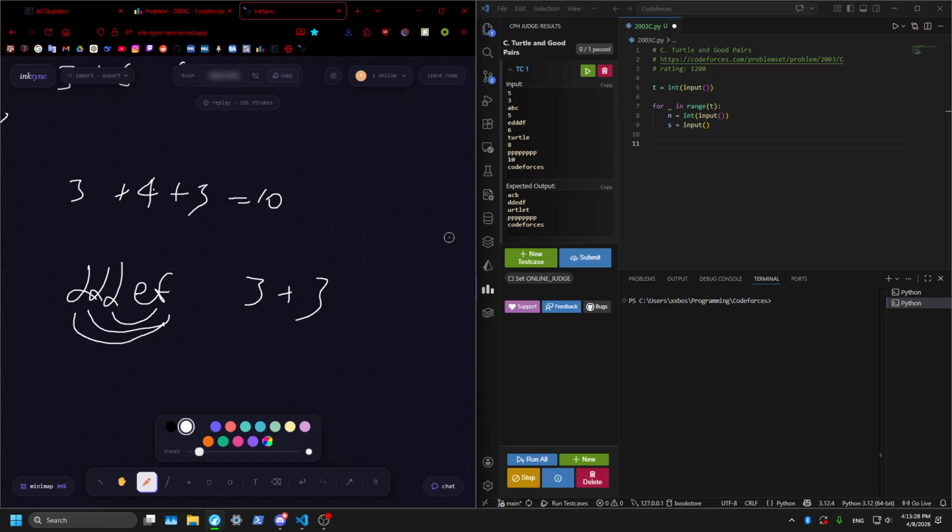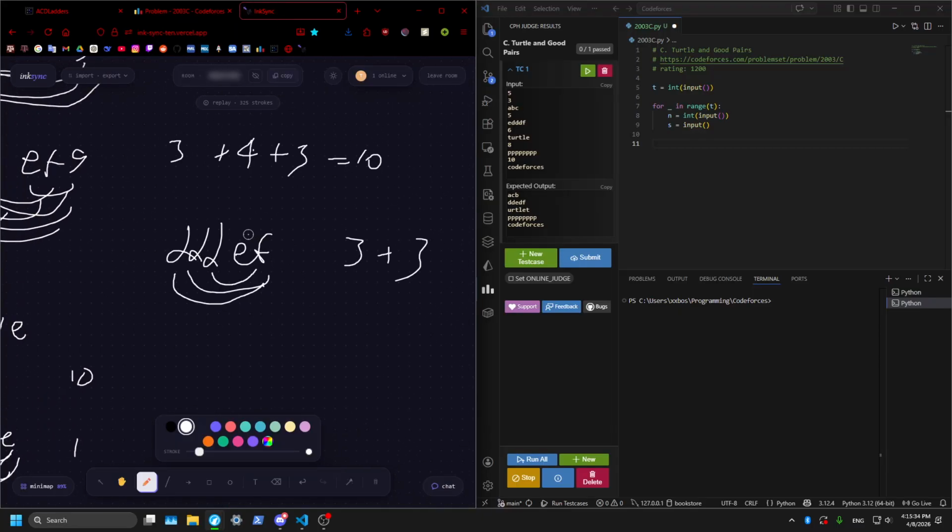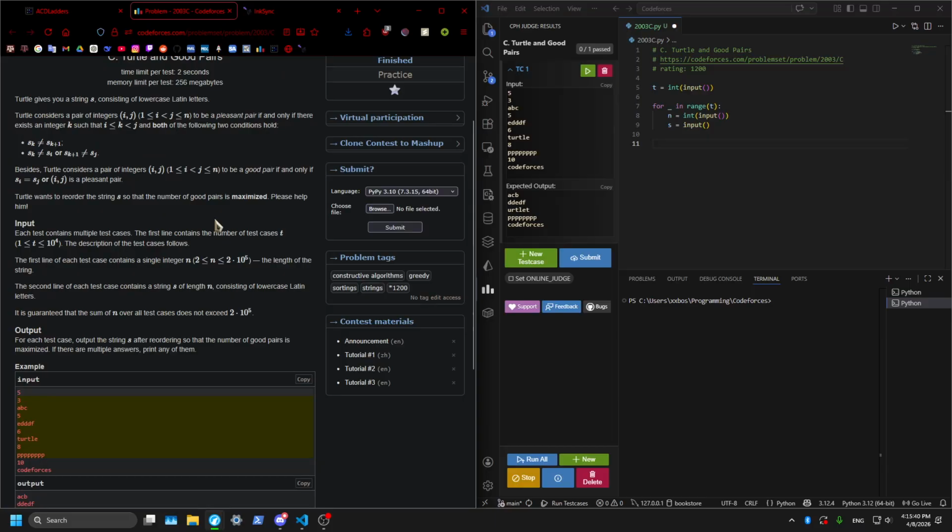Count for 1 either way. I'm a little confused why I don't understand turtle. Good pairs is maximized, yes. So we should squish them, because we're never allowed to count adjacent pairs. I don't understand why this is bis though.